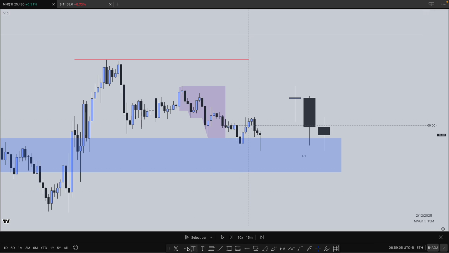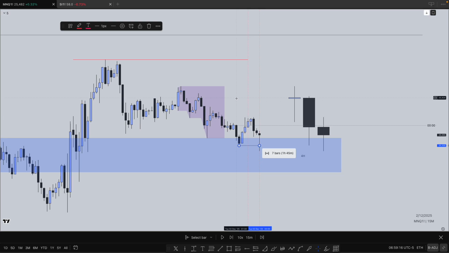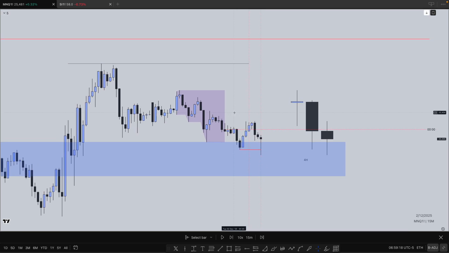And then at the London Open at 3 a.m., you can see we manipulated lower. We had taken out Asia's low. We had then taken out this sell side liquidity, which is pre-market essentially. You can even call this Asia.